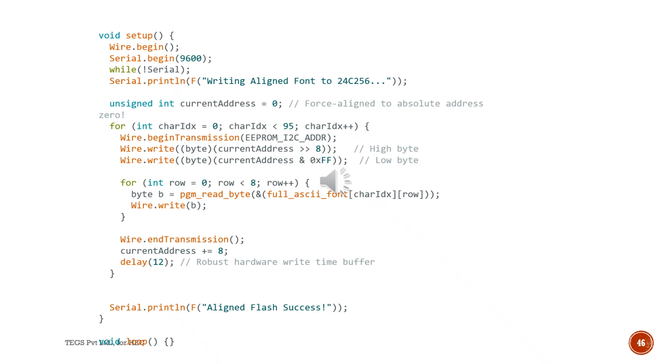This page contains the setup which initializes the EEPROM and writes the data into the EEPROM, and the loop section is kept empty. On booting, the code is executed only once and all the data set is written into the EEPROM.